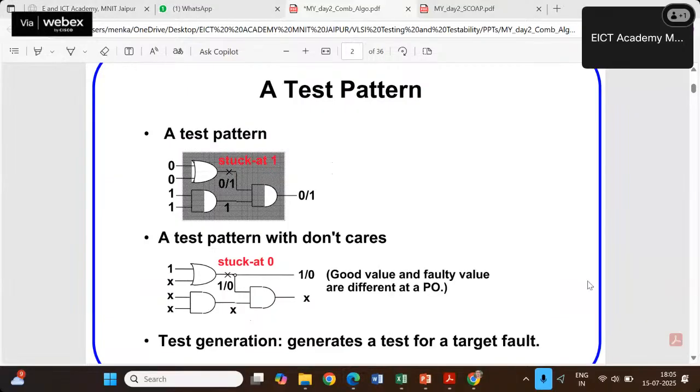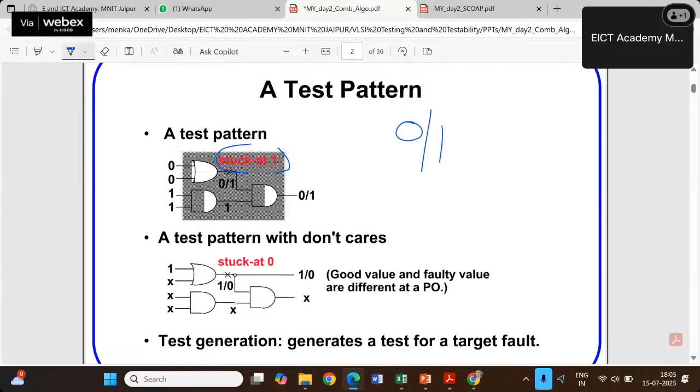In this example, there are four inputs. There is a fault at this site. This fault is stuck at 1. Stuck at 1 fault can be represented as 0, 1, where 0 is the true value and 1 is the faulty value. It can also be represented in this way: upside means stuck at 1, downside means stuck at 0.